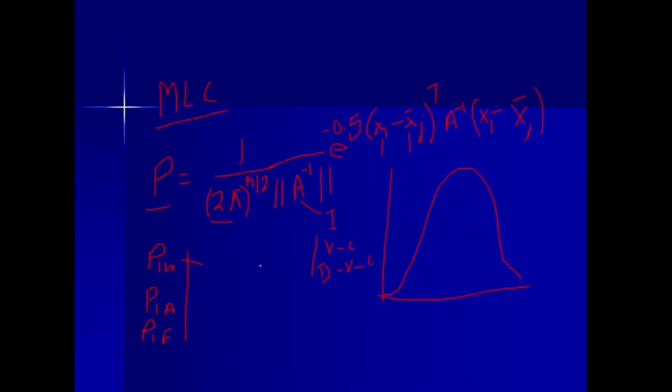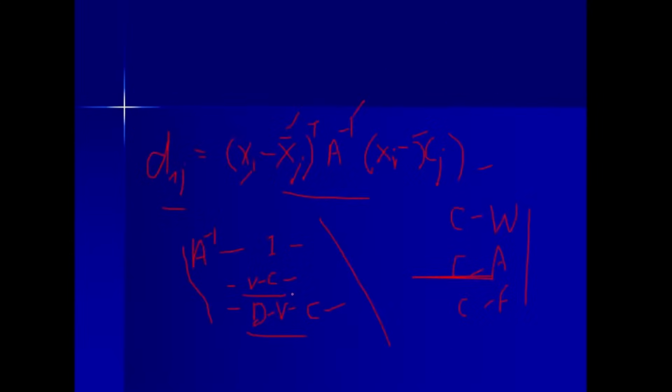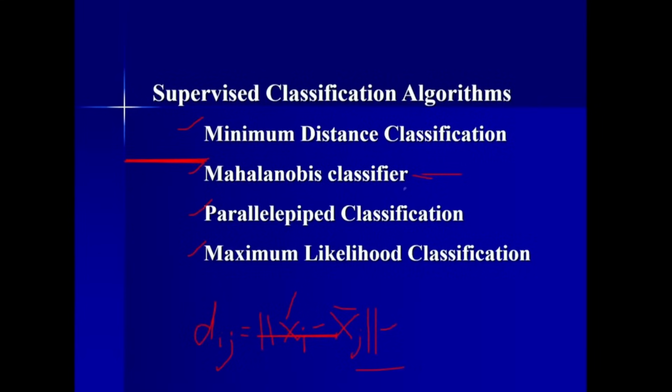But from a research point of view, you can apply all 3 norms of the weight matrix: the Euclidean norm, that is your unit matrix, or the variance covariance matrix, or the diagonal variance covariance matrix. The same way for Mahalanobis distance, you can have 3 norms using the unit matrix, the variance covariance matrix, and the diagonal variance covariance matrix.